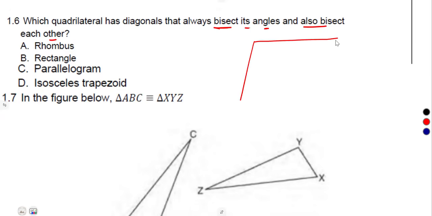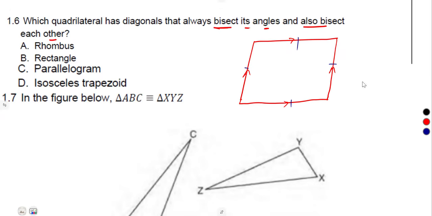Remember, I explained the properties of these shapes. If you check on a rhombus, we said it is just like a parallelogram in its properties, all right? And when we check it, all sides are equal, remember?